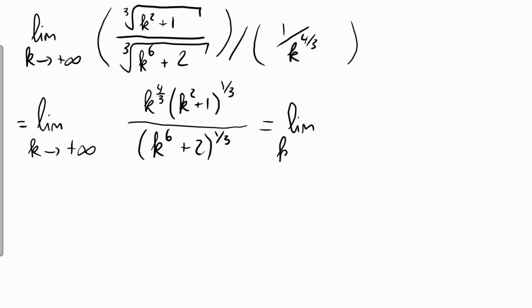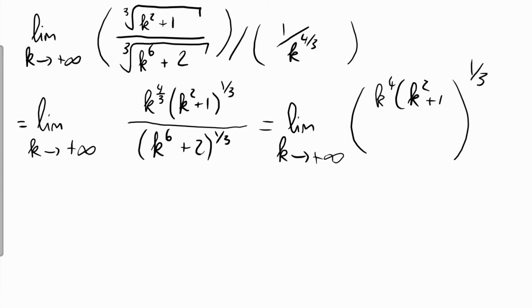So this is the limit as k goes to infinity. Now, if you notice, we have this 1/3 exponent we can factor out everywhere. So that's going to be k to the 4th times k squared plus 1, and downstairs we have k to the 6th plus 2.